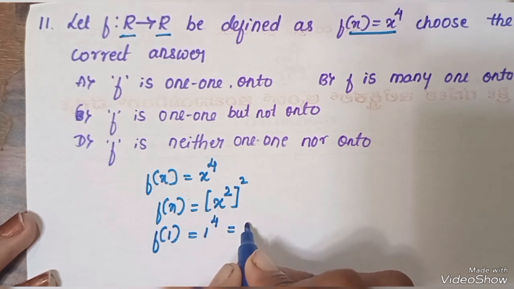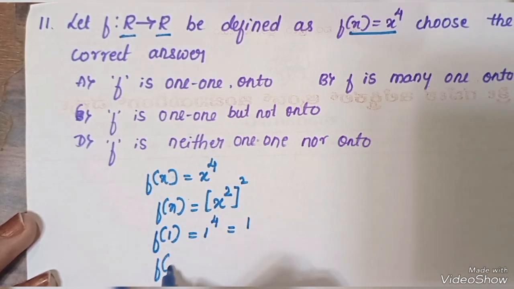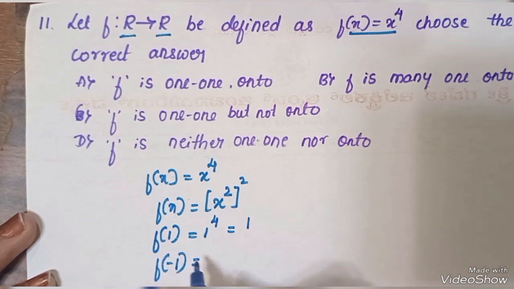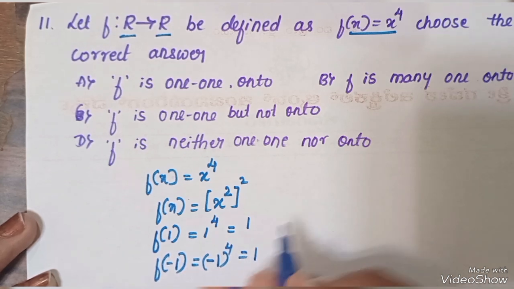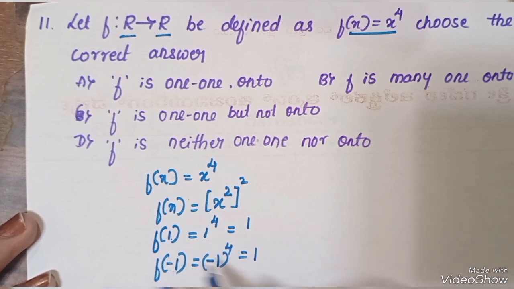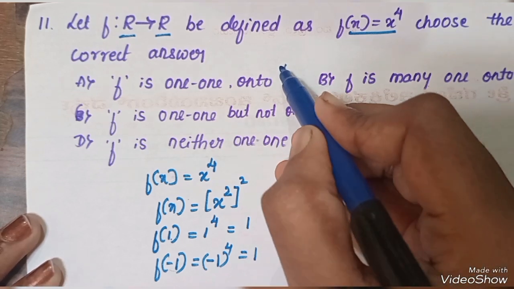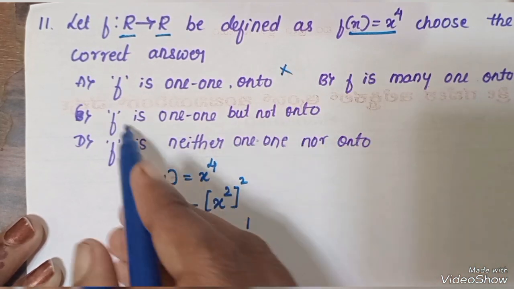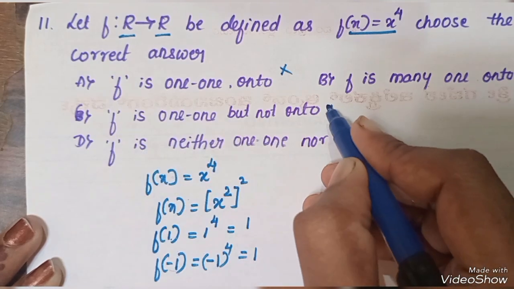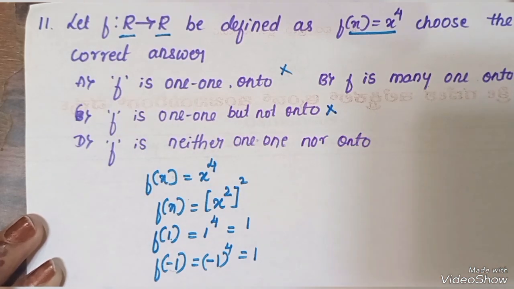Again, for f of minus 1, minus 1 to the power 4 becomes 1. f of 1 and f of minus 1 have the same image. That's why f is not one-one. So the first option has to be neglected, and the second option, f is one-one, is also neglected.